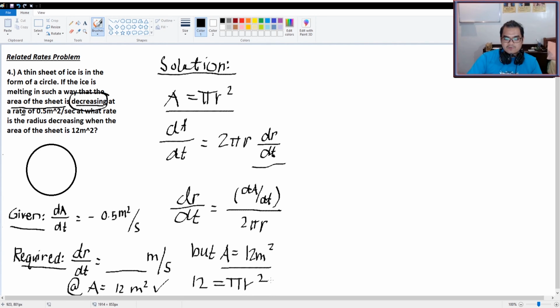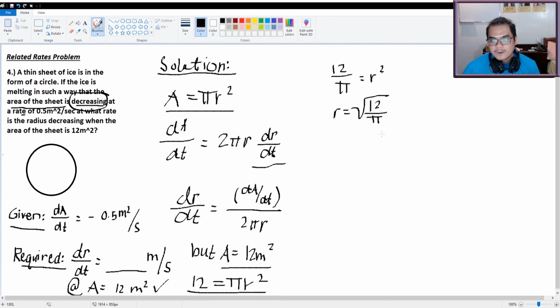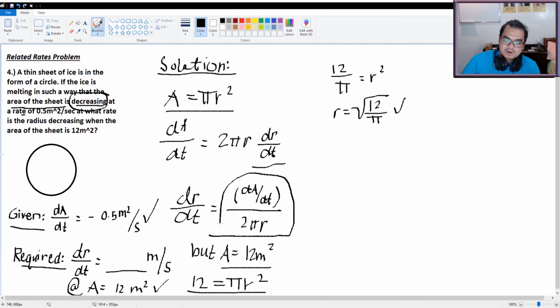Then find the value of r. So 12 over pi equals r squared, or r will simply be the square root of 12 over pi. So now we have the value of r, and we also have the value of dA over dt. Then all you have to do is substitute it here.